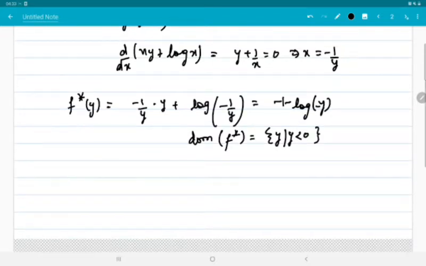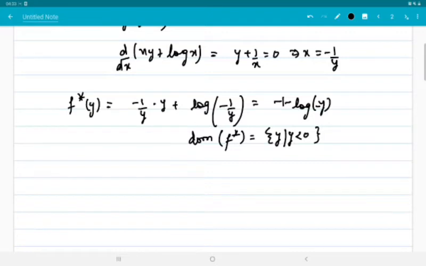So this is the conjugate of this function.